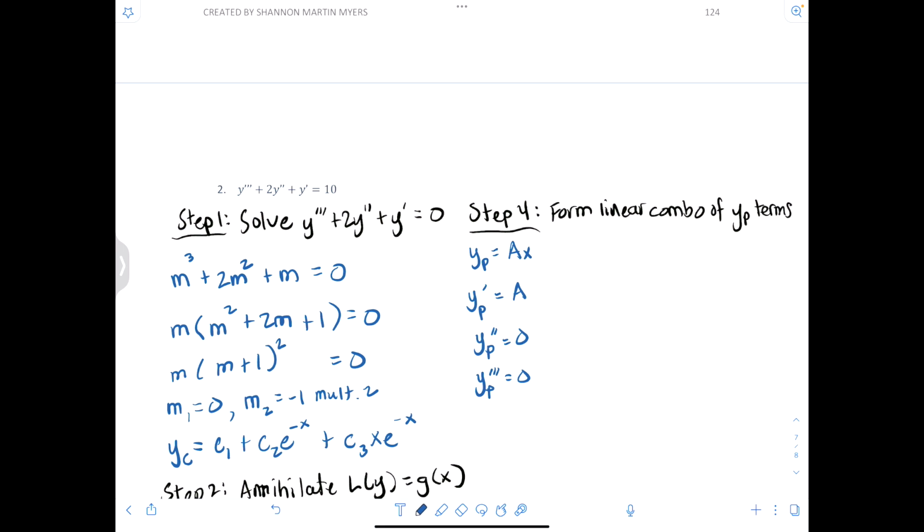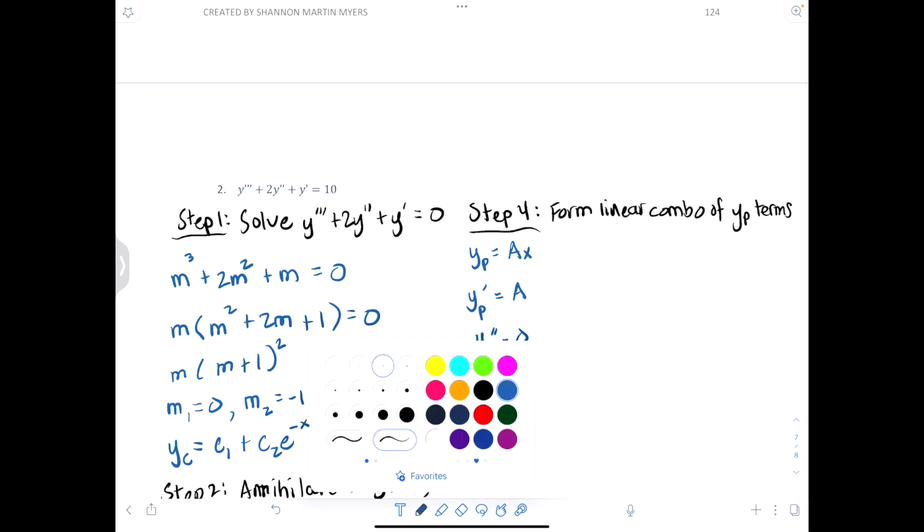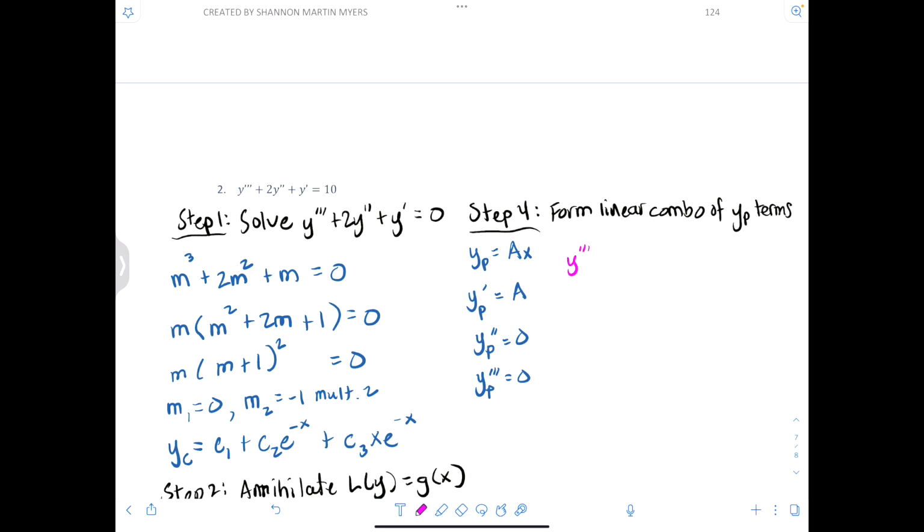So when you form that linear combo, you'll have your Y triple prime plus 2Y double prime plus Y prime equal to 10. Well, Y triple prime is 0. Y double prime was 0, so you'll get 2 times 0. And then Y prime was A, and sorry, I should have these P's under here.